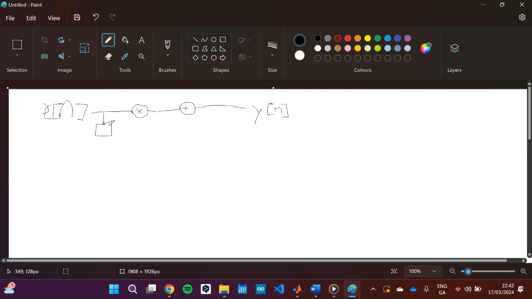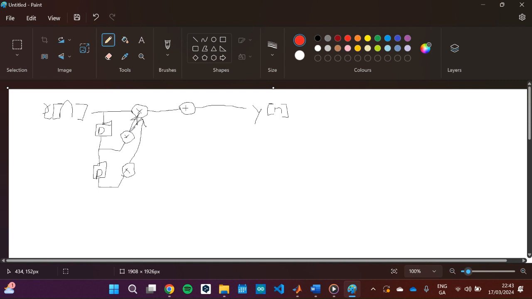Now, the next part, I have to calculate the first 3 outputs, so I'll just draw the diagram for the first 3 variables in the interest of time saving. Oh, that's the wrong one.